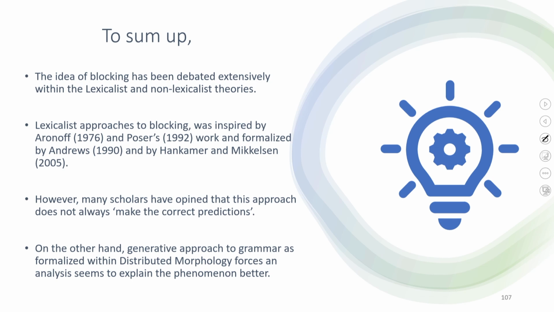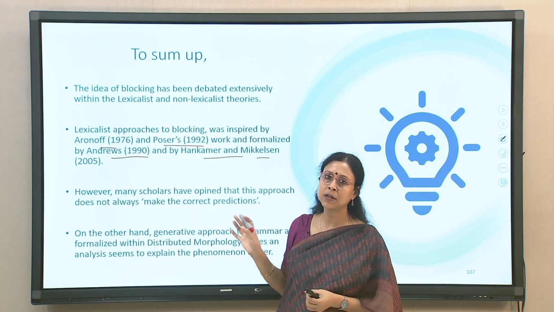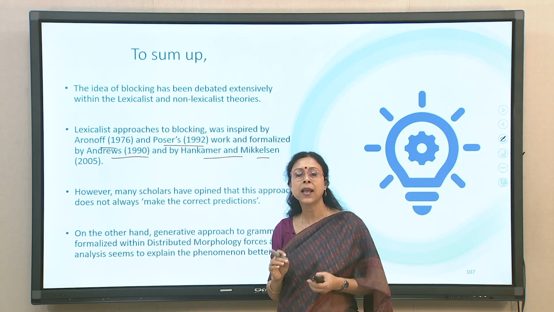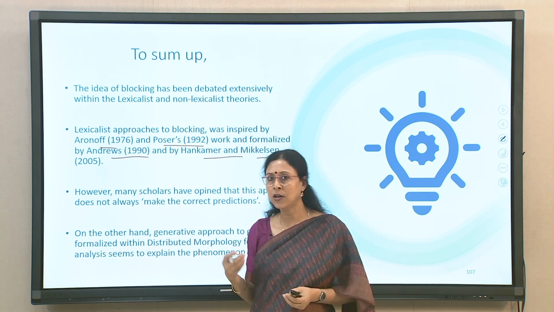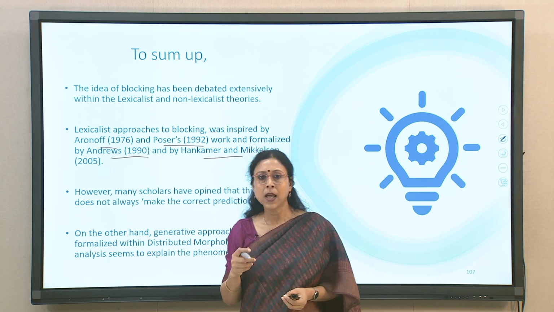So, these are the important names in lexicalist approaches to blocking. I have quoted them and I will also add the references. We could not add all of their contributions because we do not have time, and of course, we have not discussed all of their positions here.